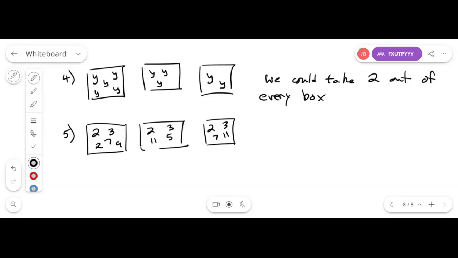Okay, be careful. We have to take the same numbers themselves, not the same number of items. The same numbers have to come out of every box. So in other words, that number has to be in all three boxes.